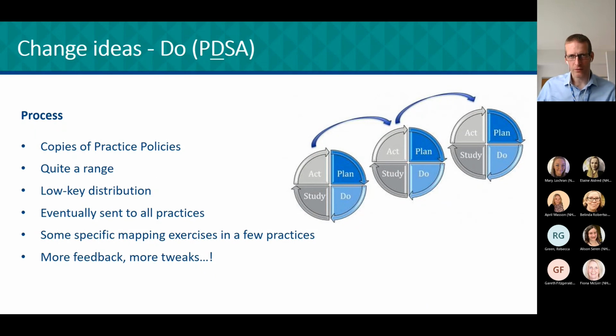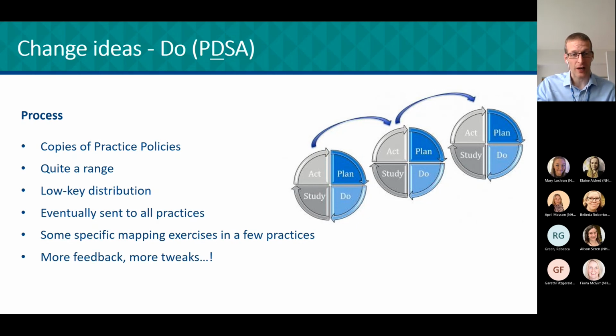We made the first changes and adaptations and rolled it out to that first practice, and then we've been gradually working on it before it was eventually sent to all practices as something to aspire towards, rather than do this by next Wednesday. So it was done fairly gradually. We've since then had some specific mapping exercises.